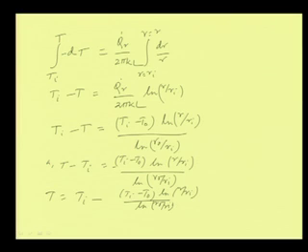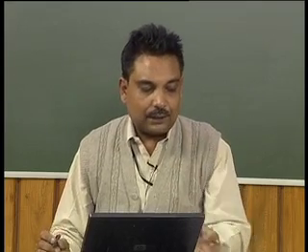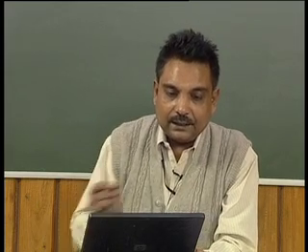Now, a similar expression we can also develop from the general conduction equation that we have developed previously. In the general conduction equation, we have seen that grad square T plus Q dot gen by K is equal to 1 by alpha del T by del t.